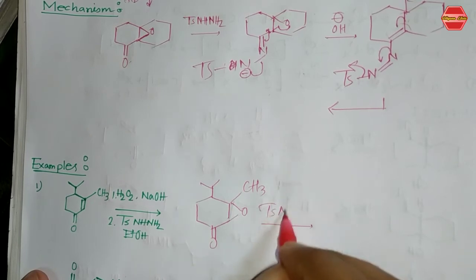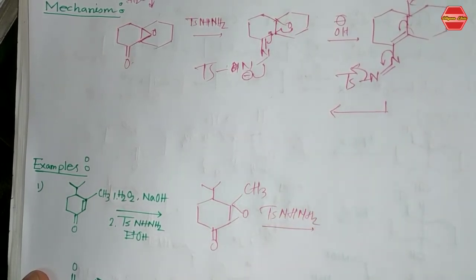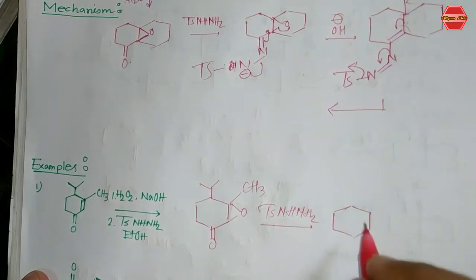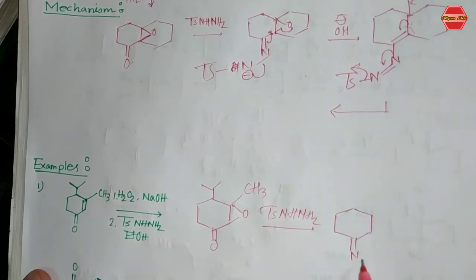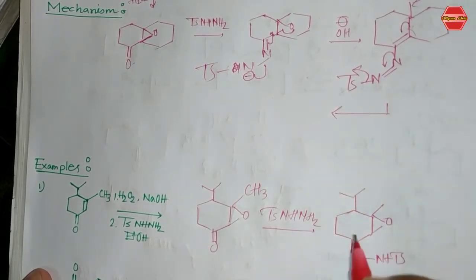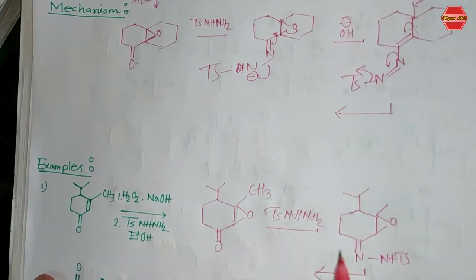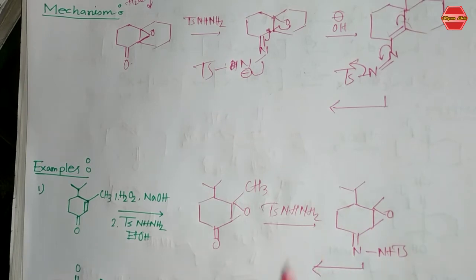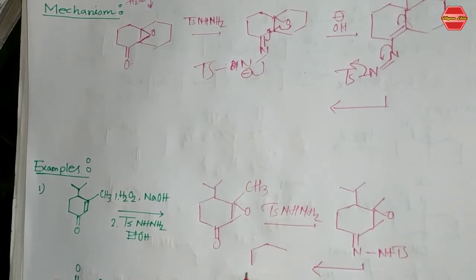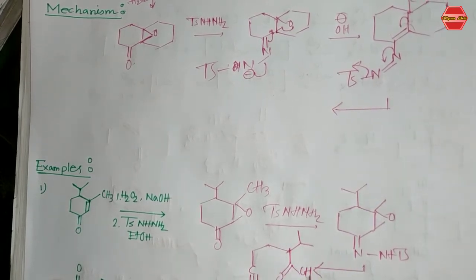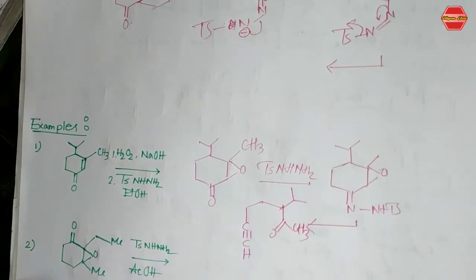So when we are using TsNHNH2, we are getting that one, NHTs, along with this whole group, and finally the product we are getting from here, after this leaving group leaves, we are getting this one, CH, and along with this, like this. Okay, so this is all about the product from this question.